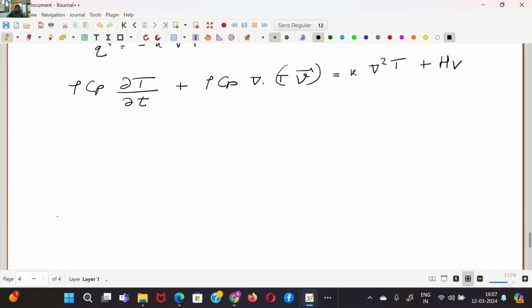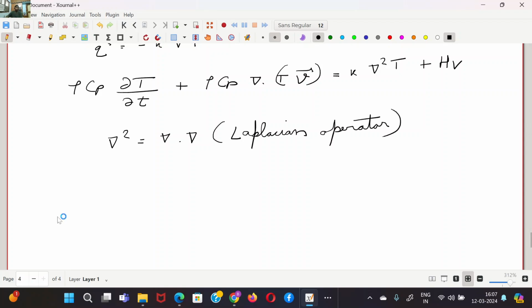What is del square? Del square is del dot del, or the Laplacian operator. We already saw what the Laplacian is earlier, in the context of stream potential, stream function, etc. Laplacian is just this.